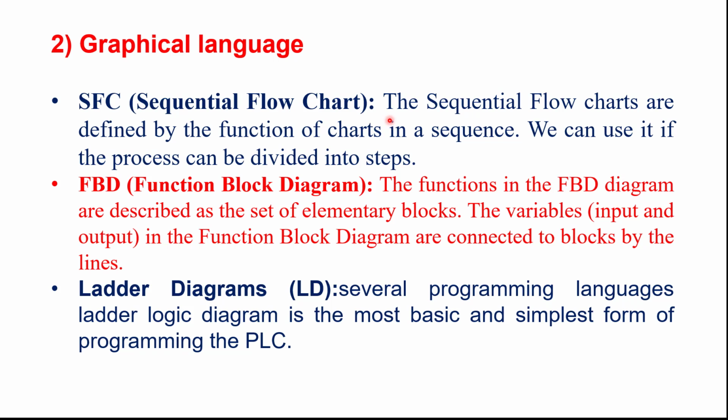In this language, we define all the functions of any process control in the form of a chart, or the whole process is divided into steps to make a flowchart. The sequential flow chart is defined by the functions of a chart in sequence. We can use it if the process can be divided into steps.